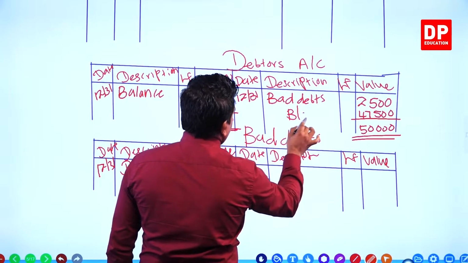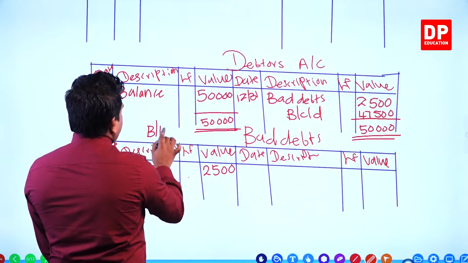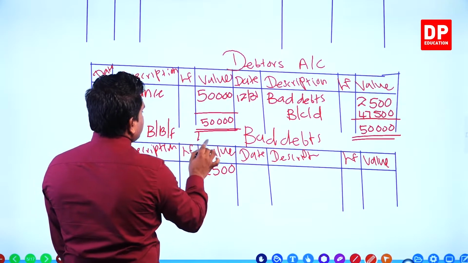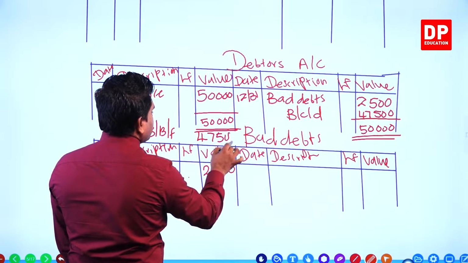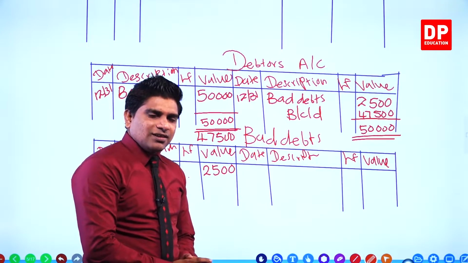Balance carried down, balance brought forward 47,500. This is the amount to be recorded under the current assets.